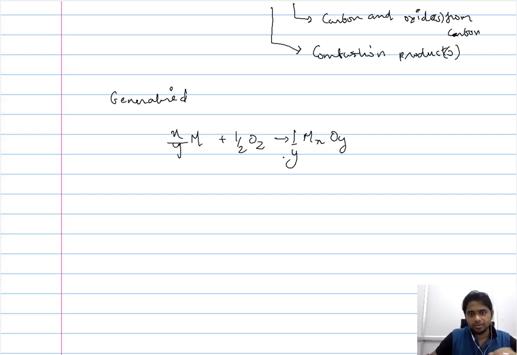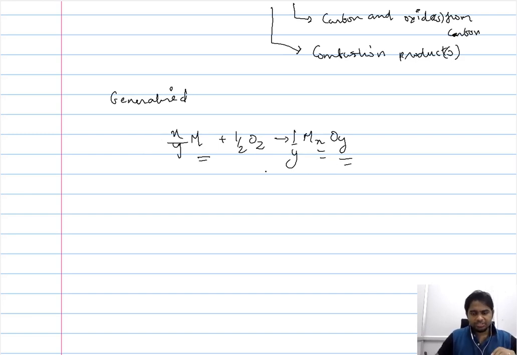It should be y here, and these x and y are the stoichiometric terms. So this is a generalized expression for the chemical reaction that ultimately translates to the oxidation of the metal at any temperature. That is M, and you have the oxygen being represented by O2, and the X and Y are the stoichiometric terms that you can observe here.